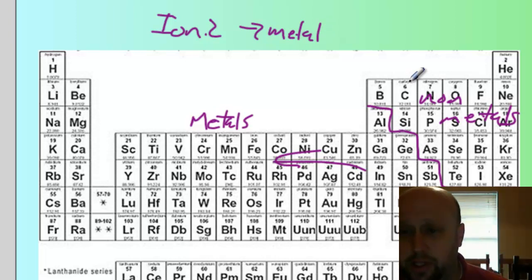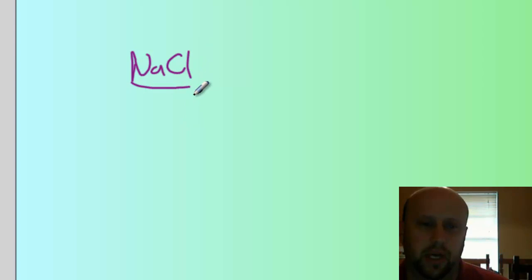It also counts for polyatomic ions: if I have a polyatomic ion, I have a metal. But this really is key and vital for us: if you've got a metal, then you have an ionic bond. So that's step one. That means that something like sodium chloride is going to be an ionic compound because sodium is a metal.